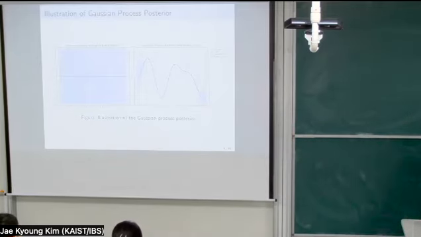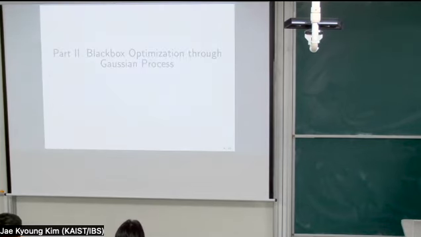So this will be used throughout the talk when I develop the optimization algorithm as well as the subsequent uncertainty quantification. So I hope this gives a nice overview of the Gaussian process. And of course, there's a bunch of theory that has been developed, but that's enough for this talk.